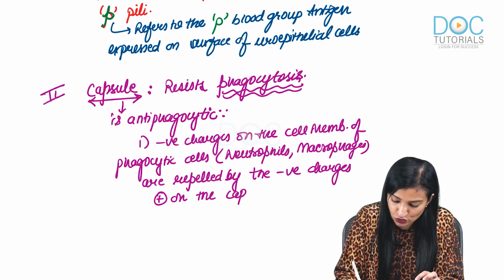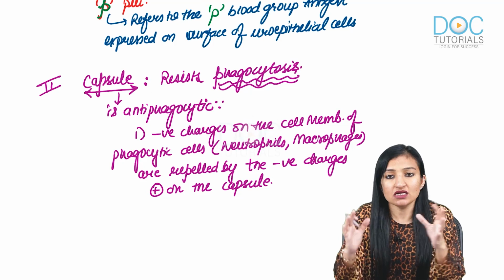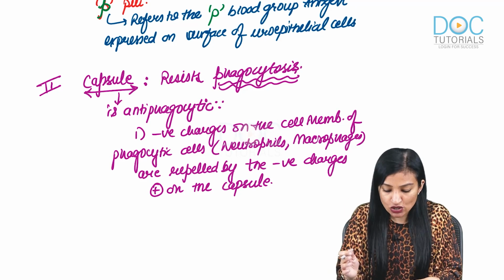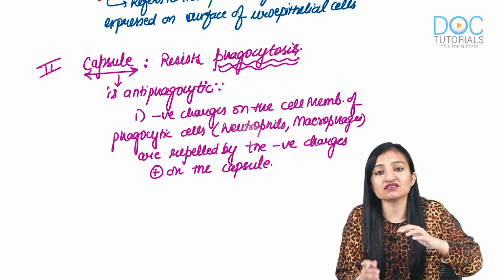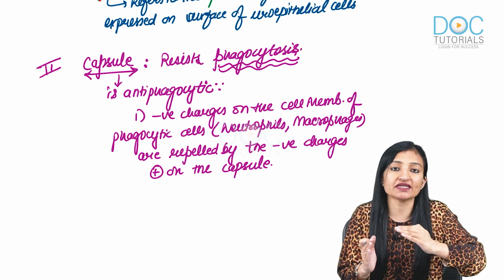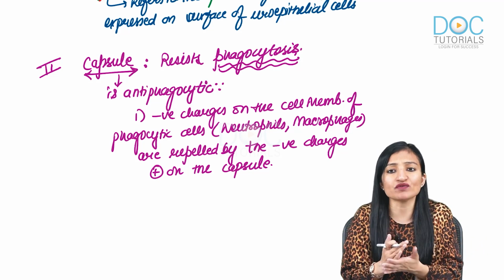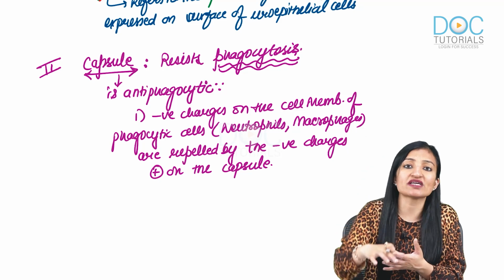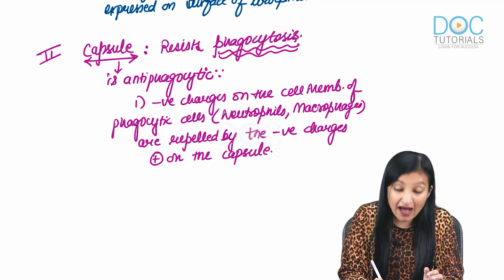The capsule also is decorated with negative charges. Negative will repel each other. So what happens, the capsulated organism repels apart from the phagocytic cells.